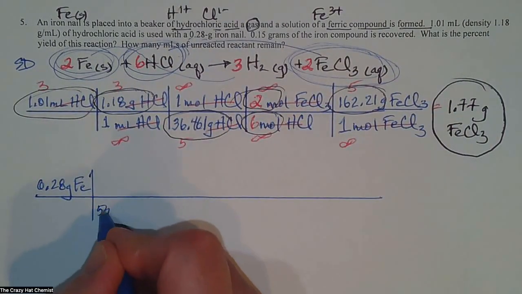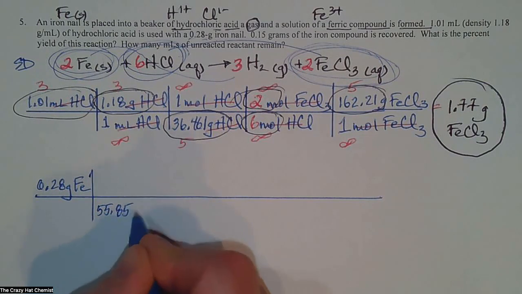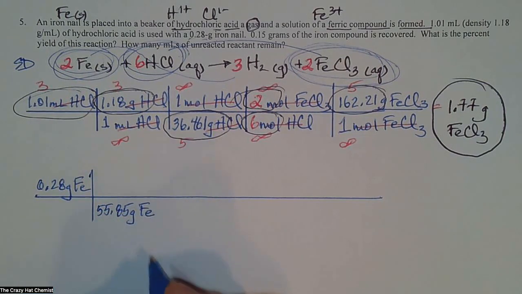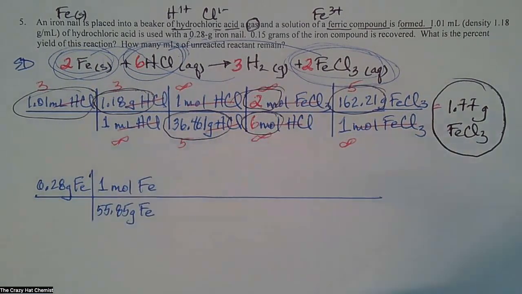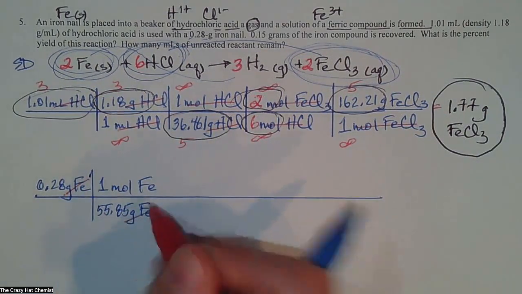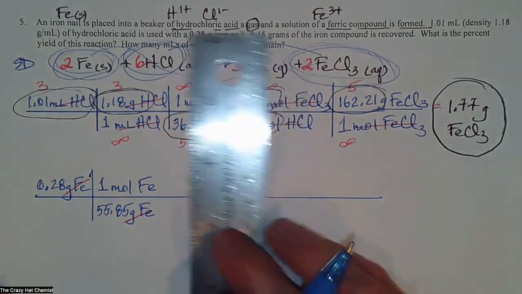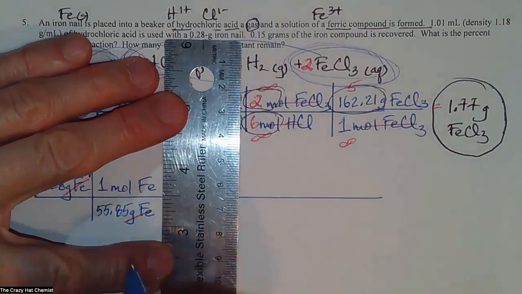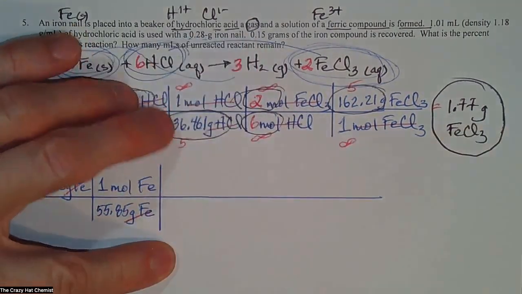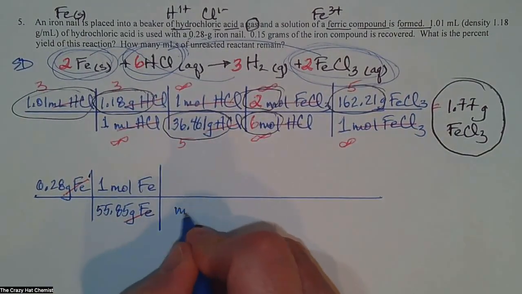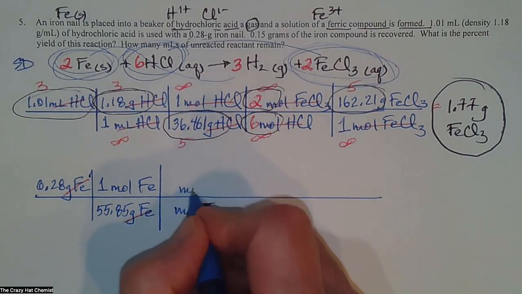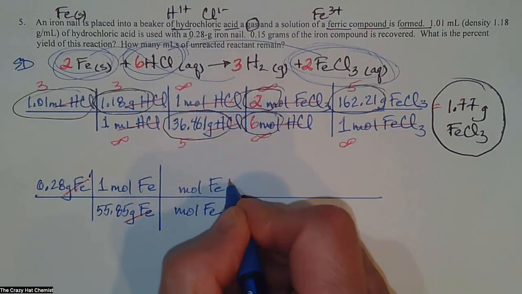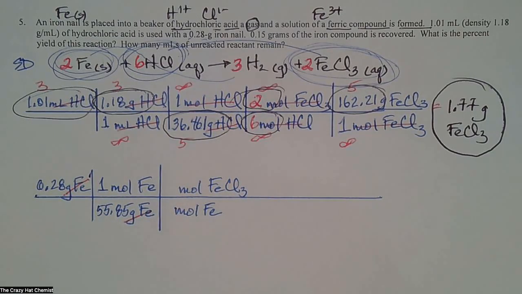So 55.85, that's grams of Fe. That's equal to 1 mole of Fe. That will enable me to cancel out grams of Fe. And then that's where I'm at so far. All right, I'm going to have moles of Fe here, and then I am going to go to moles of whatever I want. That's moles of the ferric chloride compound.